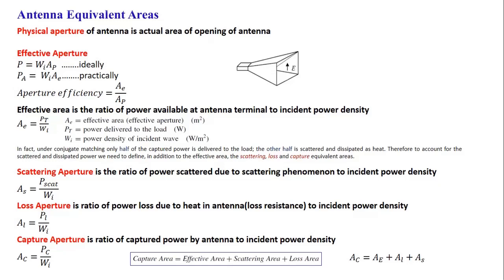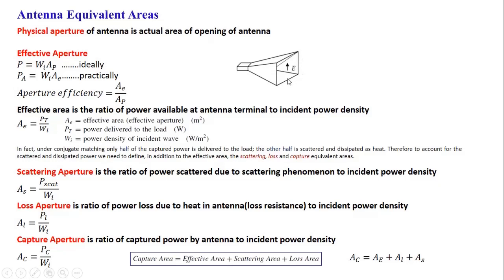So the first equivalent area associated with the antenna is the physical aperture area of the antenna. Consider this is the horn antenna. We will see what is the physical aperture in the case of this horn antenna.